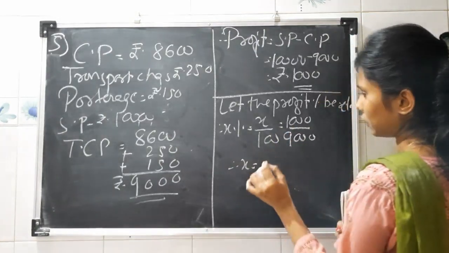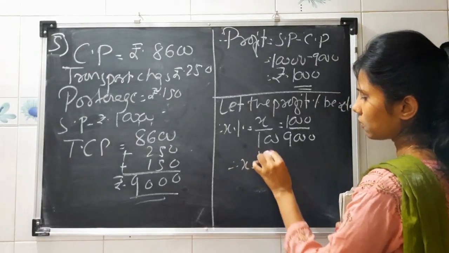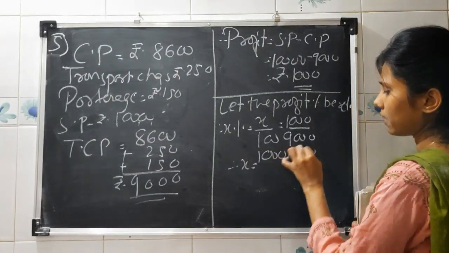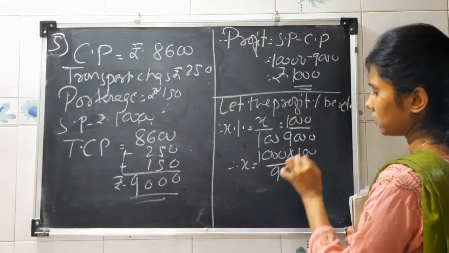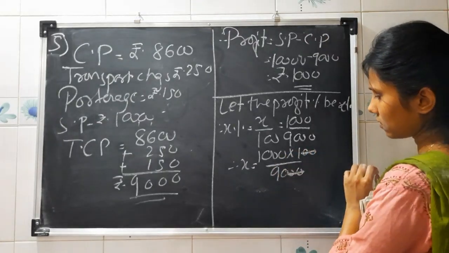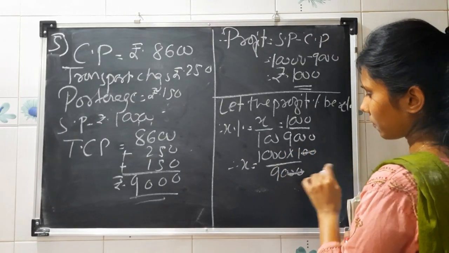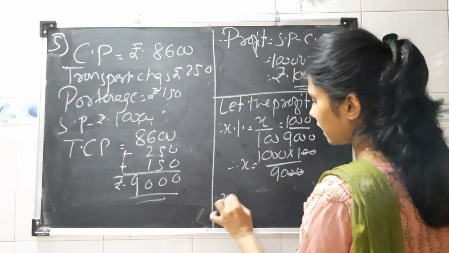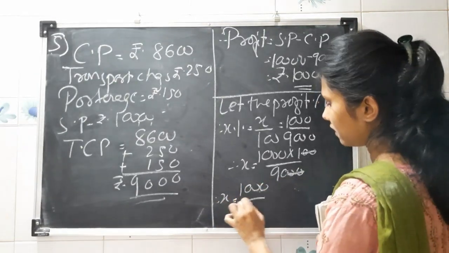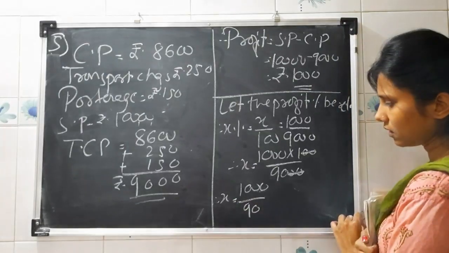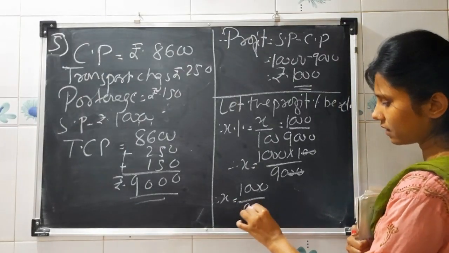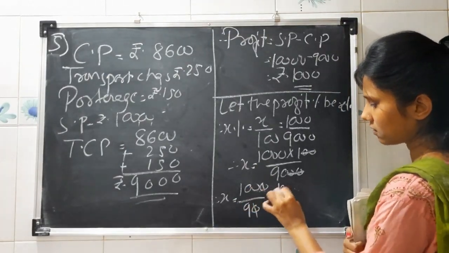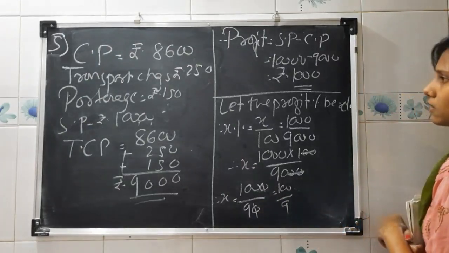Therefore X is equal to cross multiplication, 1000 multiplied by 100 upon 9000. 0 0 gone. Again, if we divide this by 10, you will get the answer 100 upon 9.